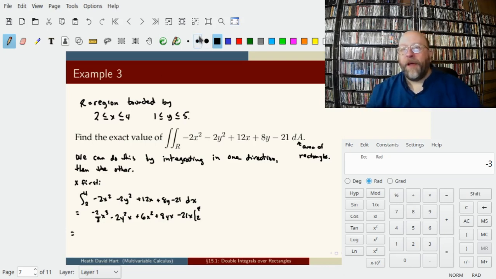To simplify this a little bit, I'm going to do the evaluations that don't have y in them first. So I'm going to plug in 4 to this term and this term and this term. So let's see what we get over there. The first term would be negative 2/3 times 4 cubed. That's negative 128 thirds.